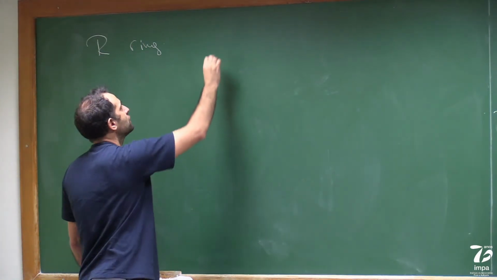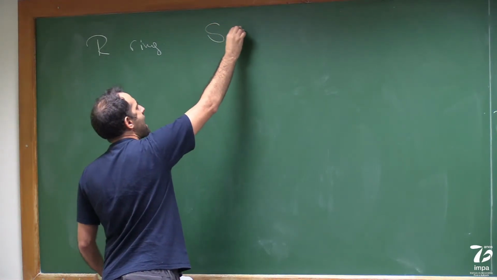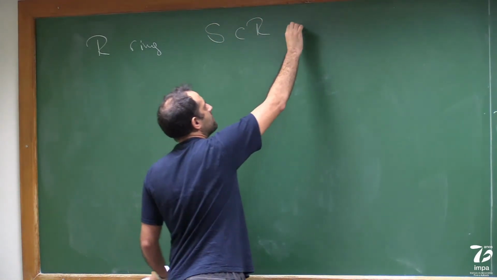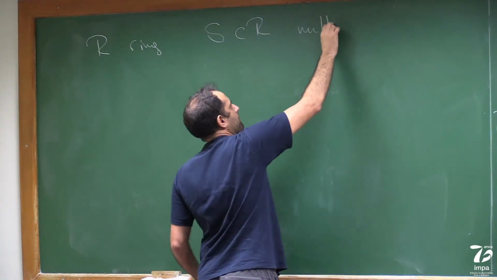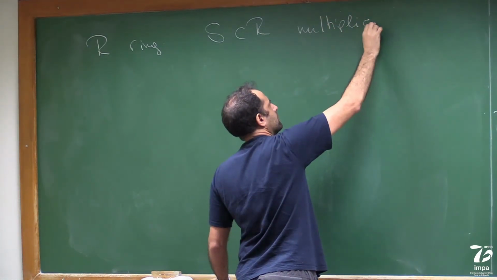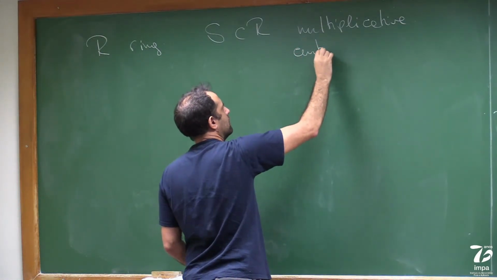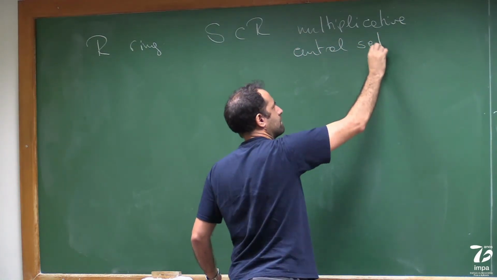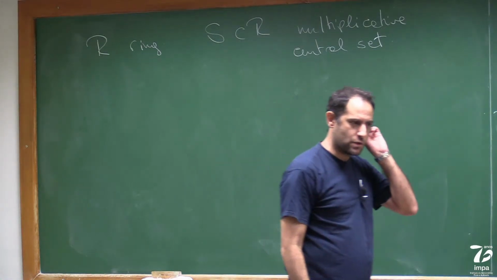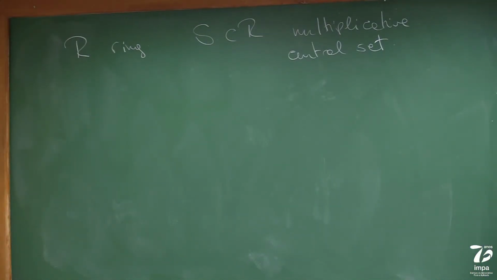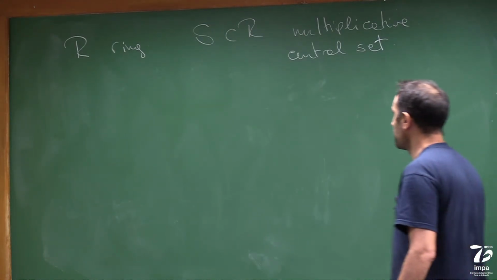It doesn't need to be commutative, but let's take S inside of R, a multiplicative central set. So it's a set of central elements of R that is closed under multiplication, the kind of things that you can actually localize by.